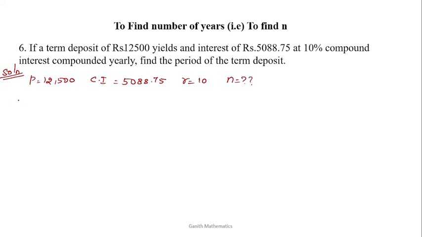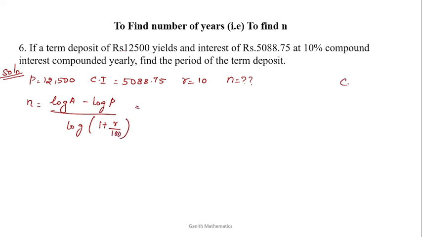We know the formula for the number of years. N is equal to (log A minus log P) divided by log of (1 plus R by 100). So what is A?